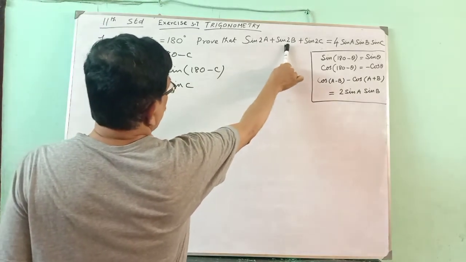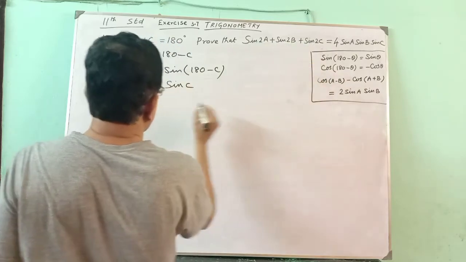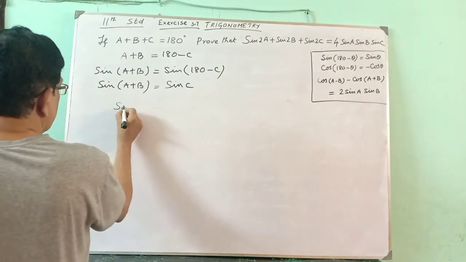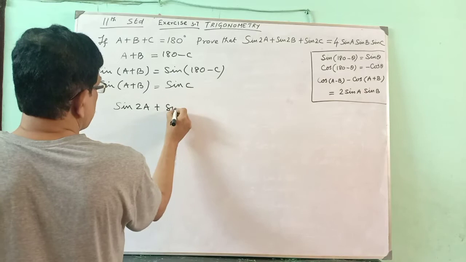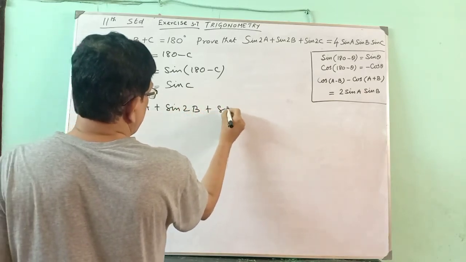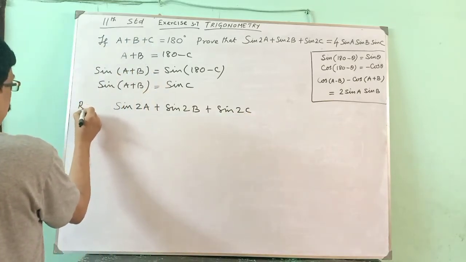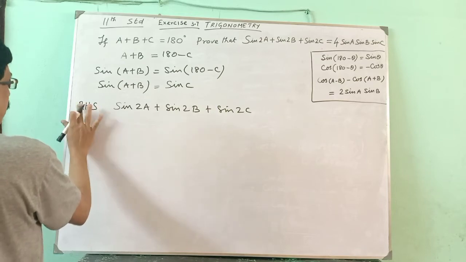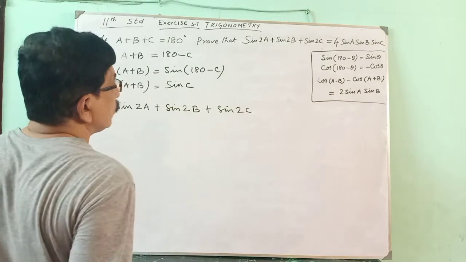Given: sin 2A plus sin 2B plus sin 2C is equal to 4 sin A sin B sin C. Taking the LHS, sin 2A plus sin 2B plus sin 2C.